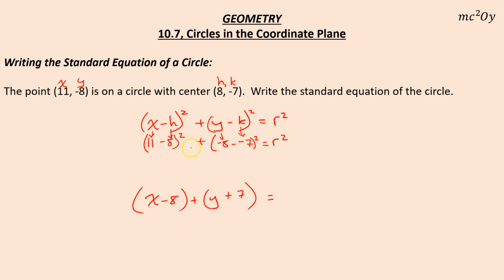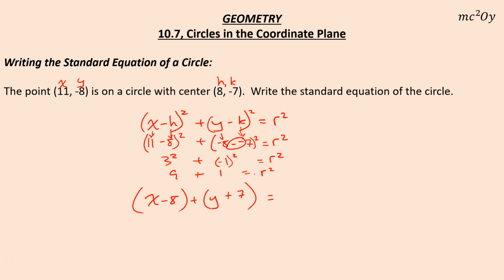We can now solve that. 11 minus 8 is 3 squared, plus negative 8 plus 7, it's two negatives right there, right? Negative 8 plus 7 is negative 1 squared equals r squared. So that's 9 plus 1 equals r squared.